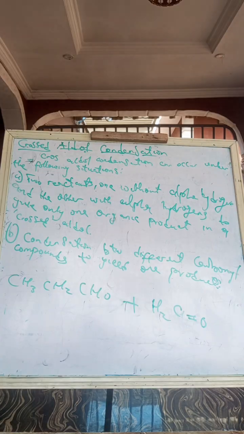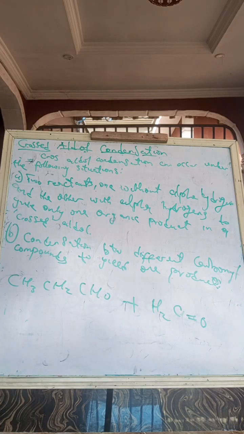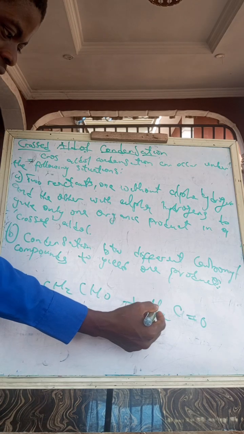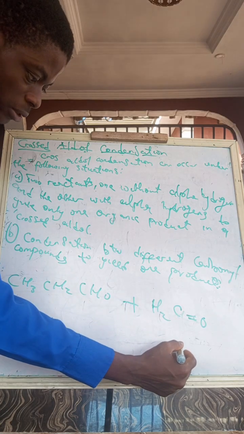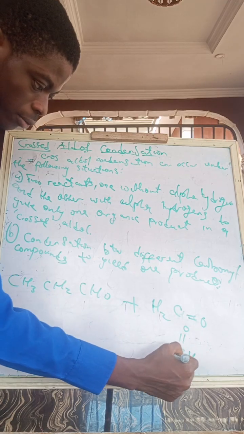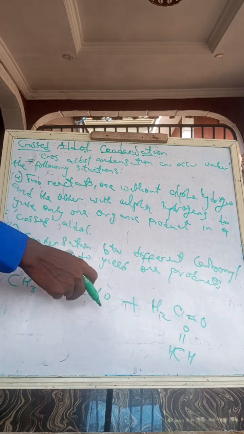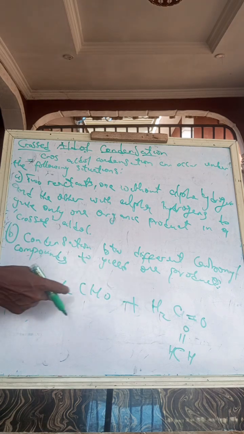You can see that Aldol condensation involves two reactants, reactant 1 and reactant 2. That is, one with the alpha hydrogen and the other without alpha hydrogen. Now let's start from here. This is in simple terms. It can simply be written as this. You can see there is no alpha hydrogen here, so alpha hydrogen is absent. So let's consider this.